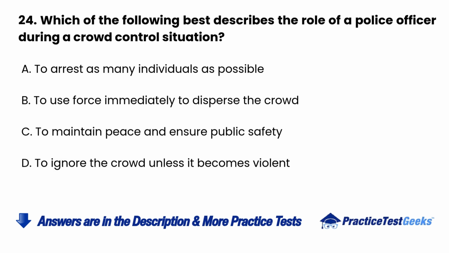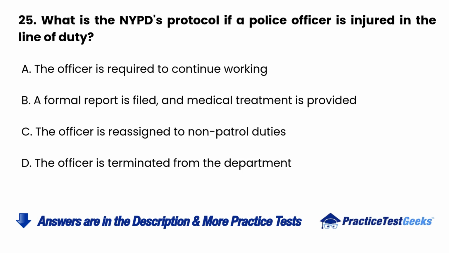24. Which of the following best describes the role of a police officer during a crowd control situation? A. To arrest as many individuals as possible. B. To use force immediately to disperse the crowd. C. To maintain peace and ensure public safety. D. To ignore the crowd unless it becomes violent. 25.